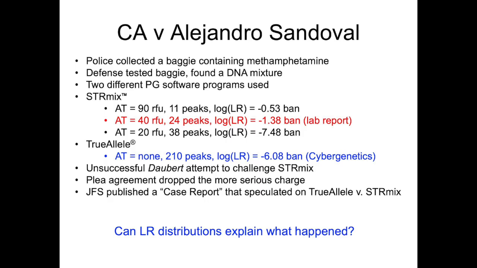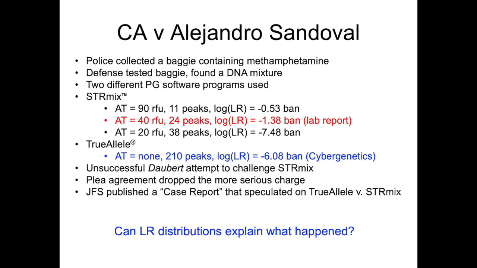I'm not sure of that number, but Matt is because he put it in. So it saw 24 peaks and gave a log LR of negative 1.38 band, which is around 125, so 140, whatever it was. There were two baggies, and that's what the lab reported.